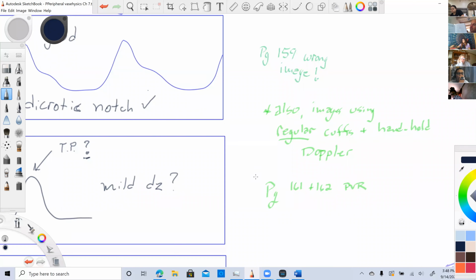But the other thing about them is that these are not PVRs. These are segmental pressures. So they have perhaps a machine, perhaps not. Perhaps they did it all individually. They've gotten the pressures of the arms and supposedly the legs, but they didn't have a PVR machine, or if they did, they didn't use it in that way. They used actual Doppler. So there are a lot of variations on this.